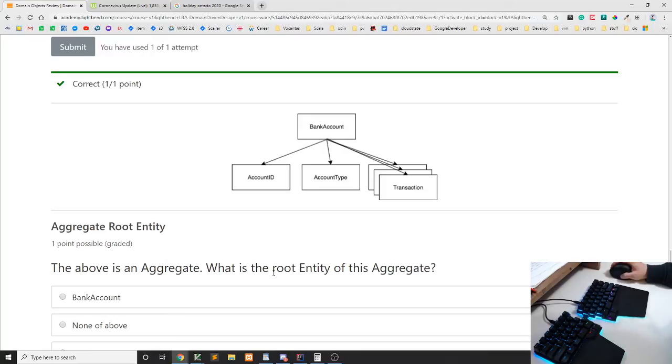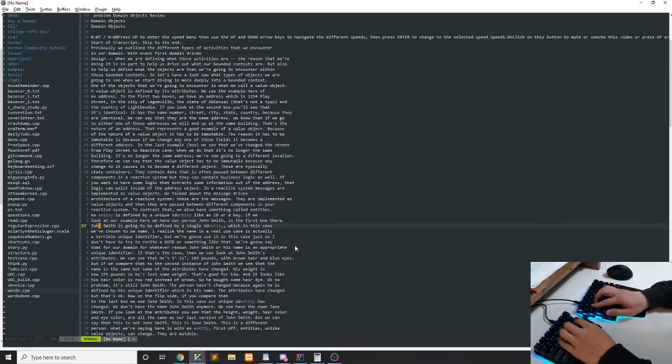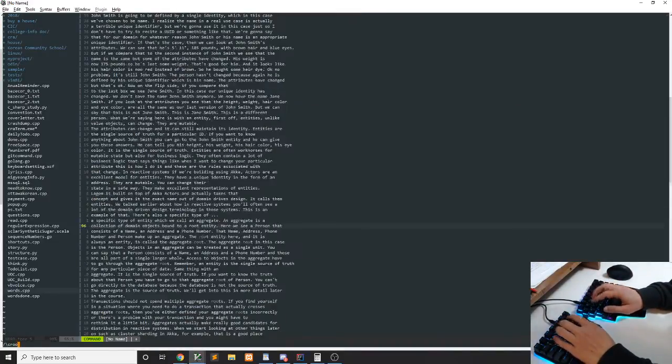What is the root entity of this aggregate? The root entity is a specific type of entity which we call an aggregate.